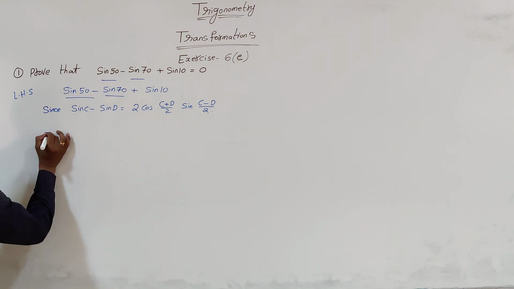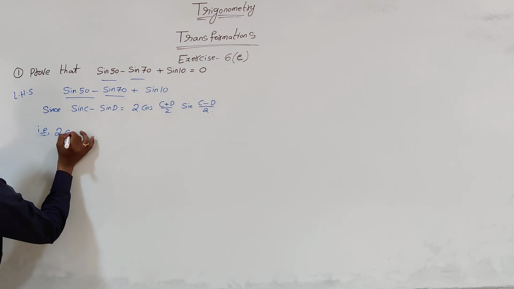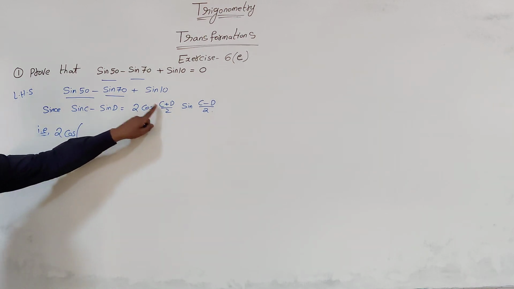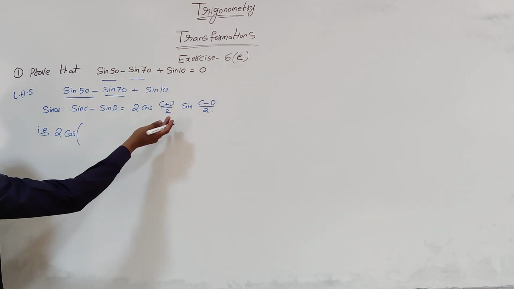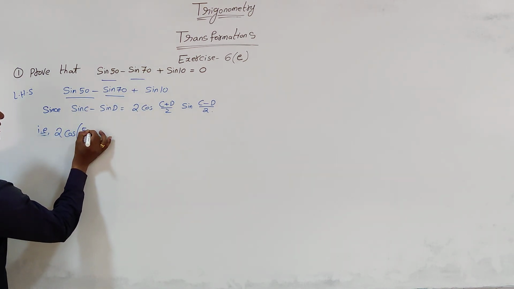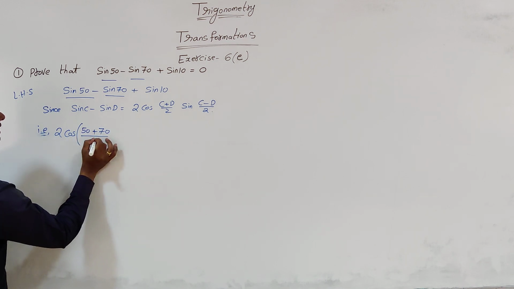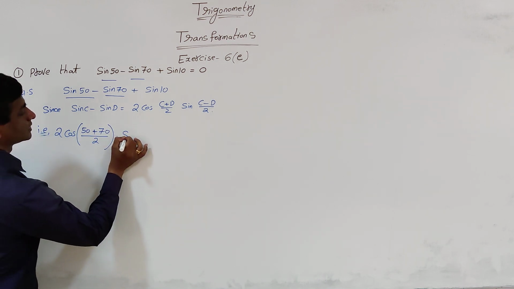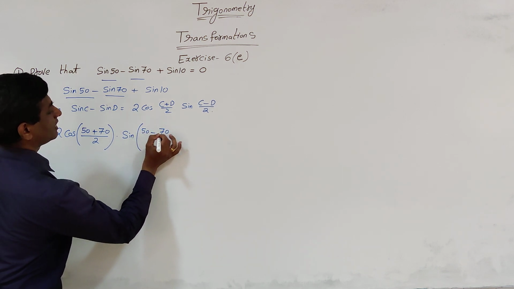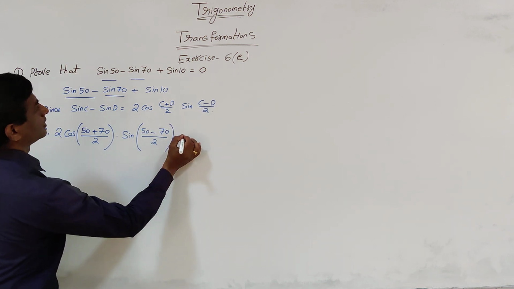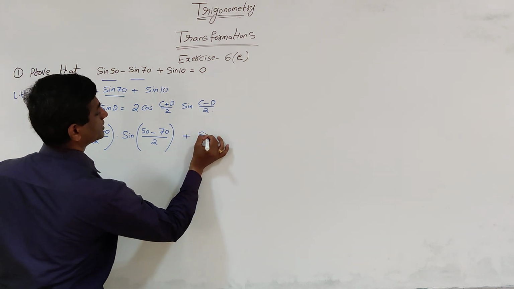That is 2 cos of (C plus D) by 2, where C is 50 degrees and D is 70 degrees, the sum of their angles, 50 plus 70 by 2, into sin of (C minus D) by 2, 50 minus 70 by 2, plus sin 10 as it is.